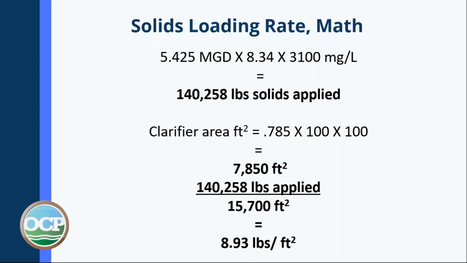Your clarifier area is 0.785 times 100 times 100, which is 7,850 square feet, but there are two of them. So your total surface area is 15,700 square feet, 7,850 times 2.